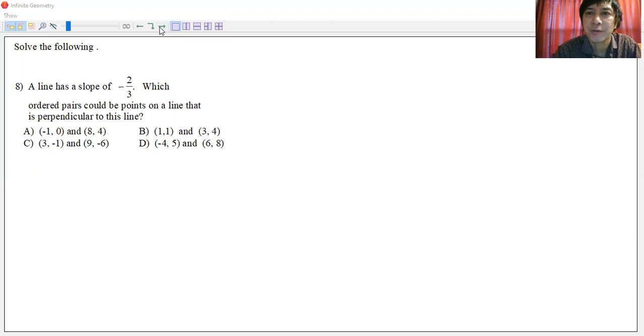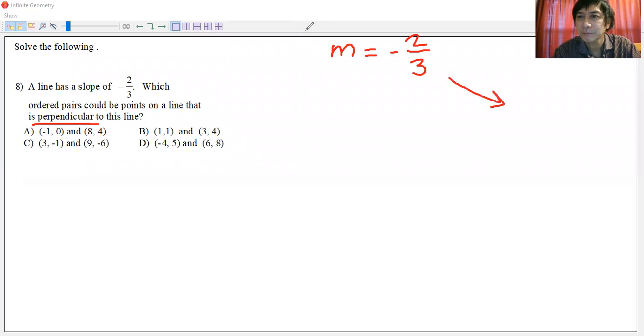Let's change color. Let's try using red again. The given slope is negative 2 over 3. Which ordered pairs could be points on a line that is perpendicular to this line? This time it's perpendicular, so we need to get the perpendicular slope.